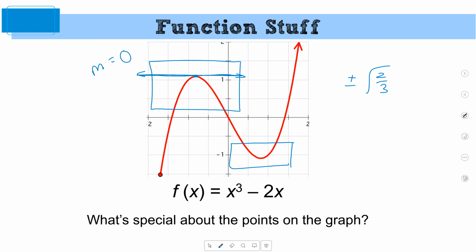Suppose you didn't have the picture. Suppose it was a function that you had no idea what it looks like, but you did all this and you figured out, hey, here are some points that it's a max or a min. How would you figure out if it was a max or a min? What in the problem indicates that this is the high point in that area and this is the low point in that area? Any ideas?